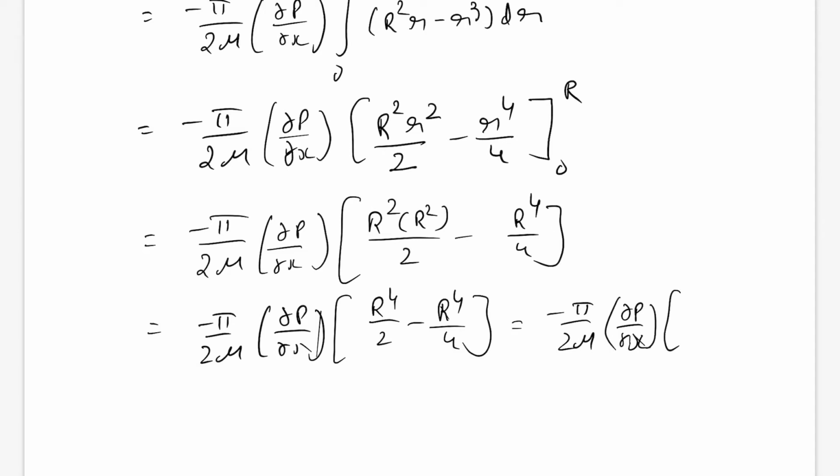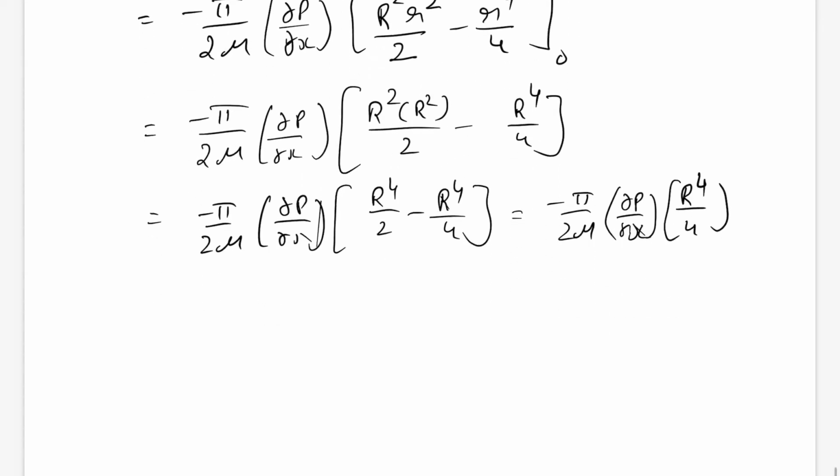What is the final value of this expression? R power 4 by 2 minus r power 4 by 4 is r power 4 by 4. So the final expression for q will be minus pi by 8 mu into dou p by dou x into r power 4.